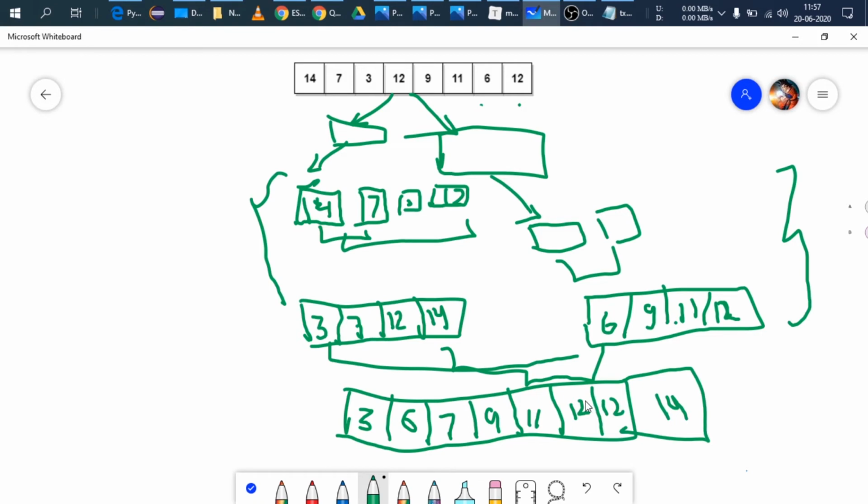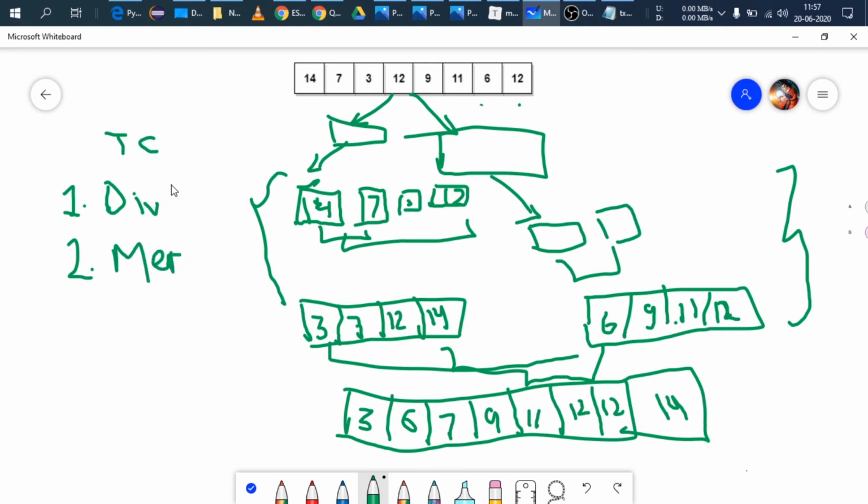So what would be the time complexity of this sorting algorithm, merge sort? In merge sort also we are essentially doing two major works. First is division of subarrays, and second is merging of subarrays.